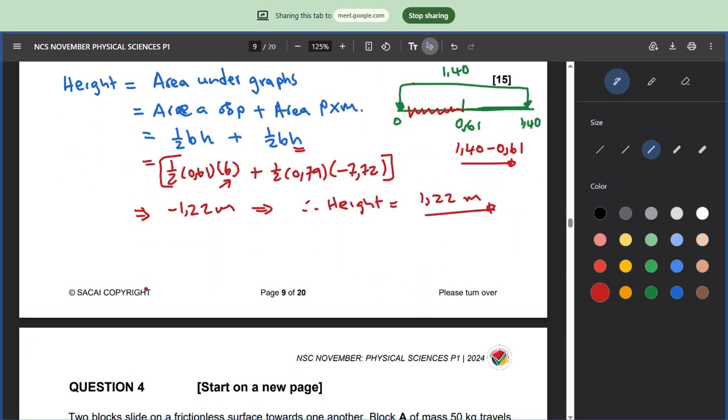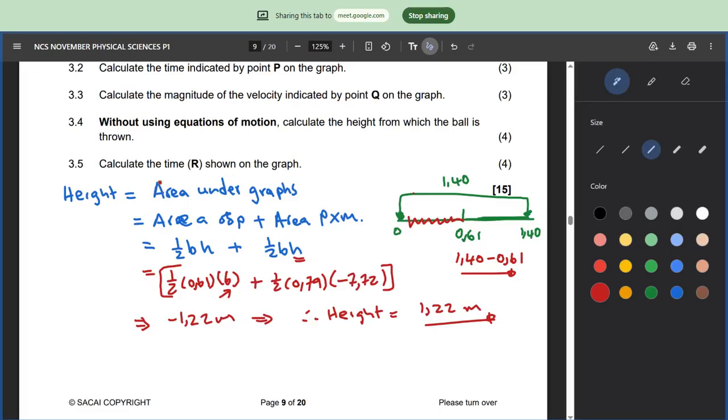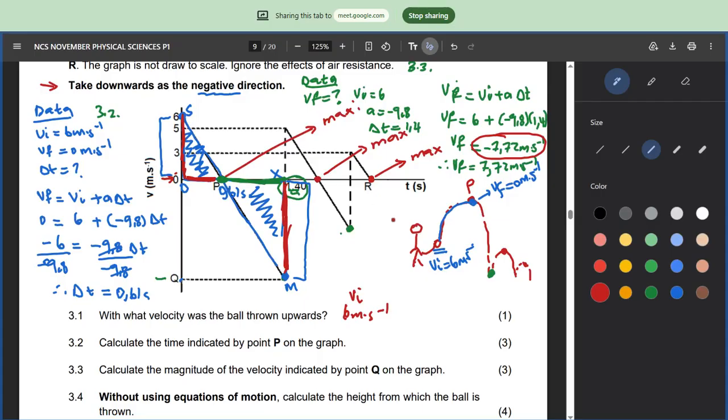So the next question is asking to calculate R. Calculate the time R shown on the graph. To find the time R, this is your R, and this looks like it's going to be very challenging to find.